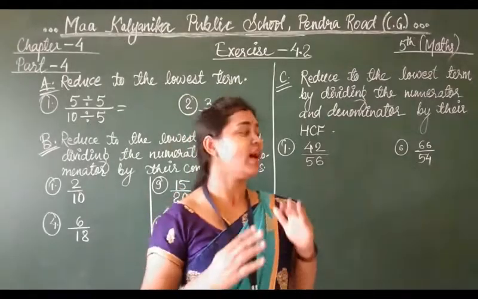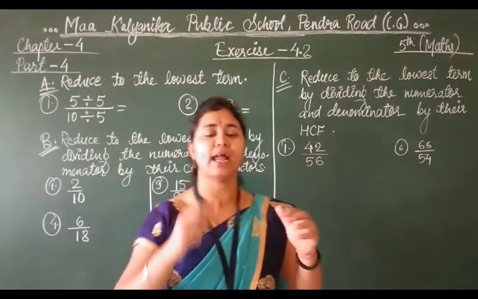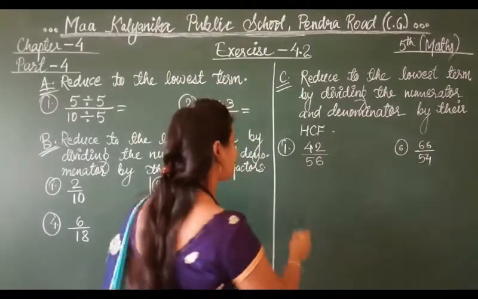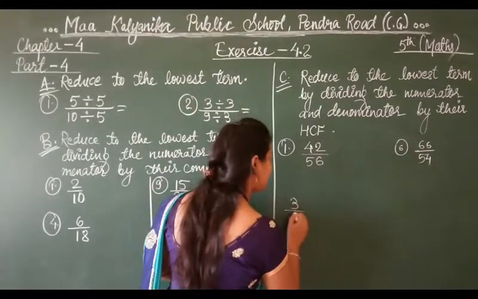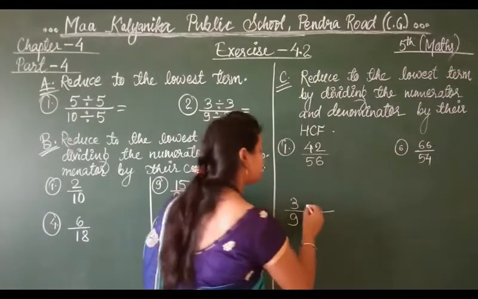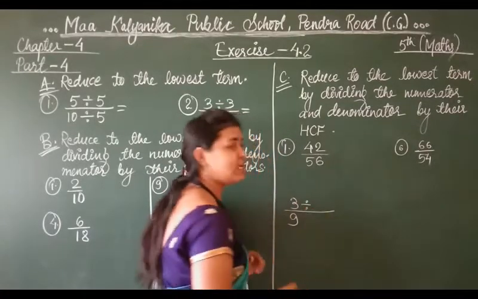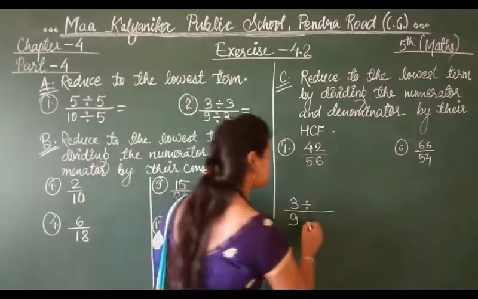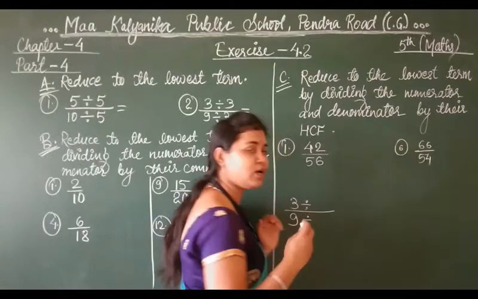Means if I am taking any fractional number, we are dividing by a common number. For example, I am taking 3 by 9. If we want to convert it into lowest term and find the equivalent fraction, or directly we can say convert into lowest term. So what is the meaning of lowest term?